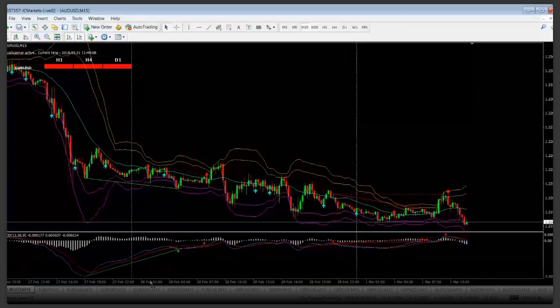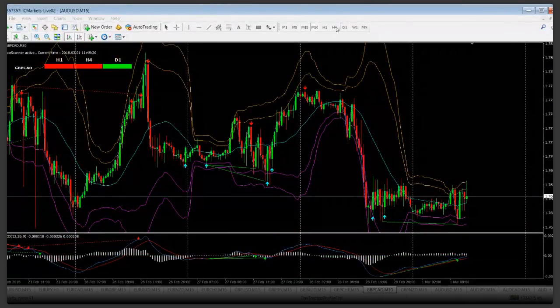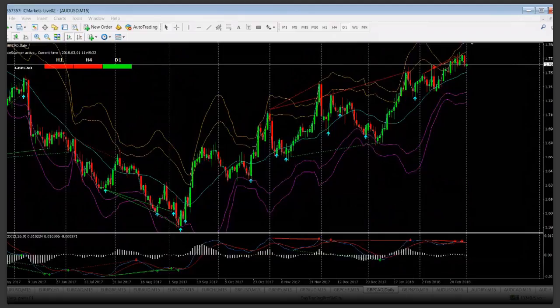British pound CAD, we're in the trade. Aussie trade drop in there.